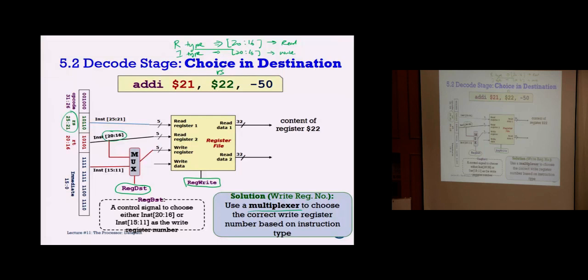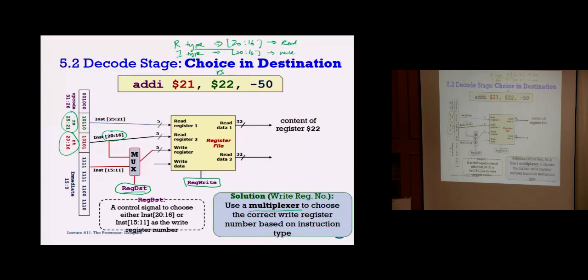Its purpose is to determine whether bit 20 to 16 is a source register, that means a reading register, or a destination register, or write back register. The register destination bit will be generated from a control block, which we will see in the next lecture slides. The control block is responsible for generating all these signals for us.